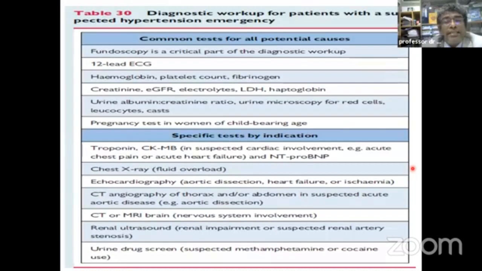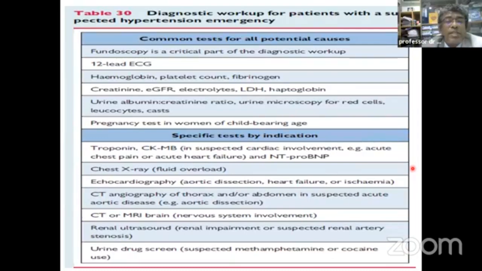And in hypertensive emergency or urgency, to diagnose a patient and to see the target organ damage, these are the workup investigations that should be done. Fundoscopy should be done in all patients to see if there is retinopathy or not.